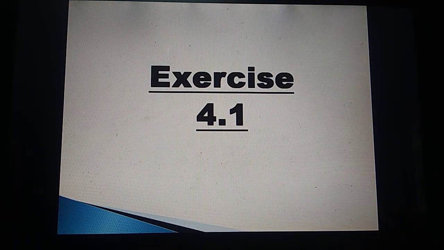Now, moving to exercise 4.1. Question number 1. Complete the last column of the table. Here in this question, a table is given to you and you are supposed to complete the last column as per the columns given to you.